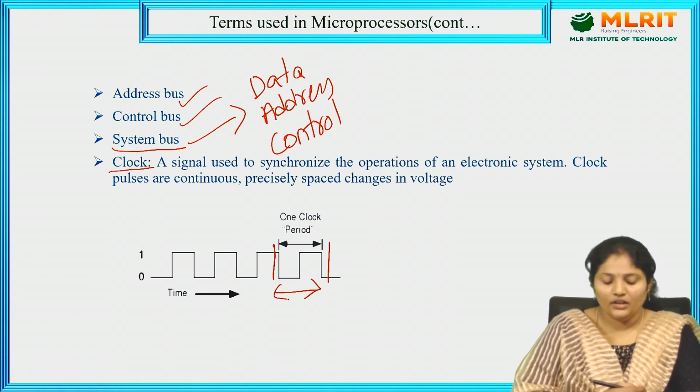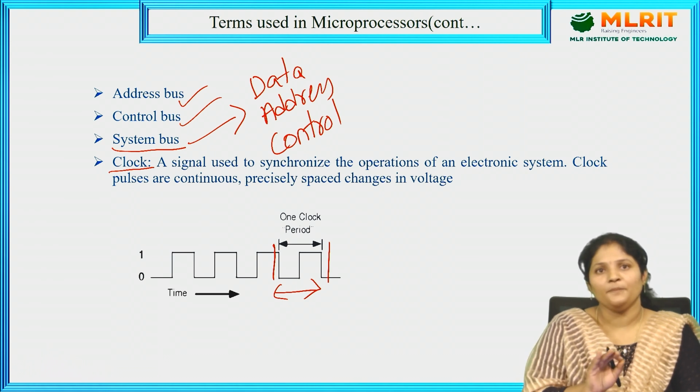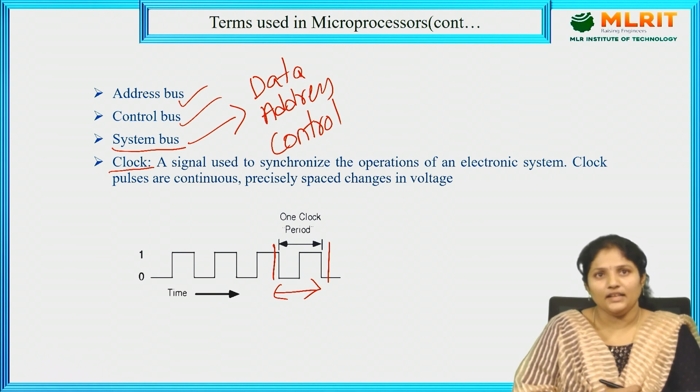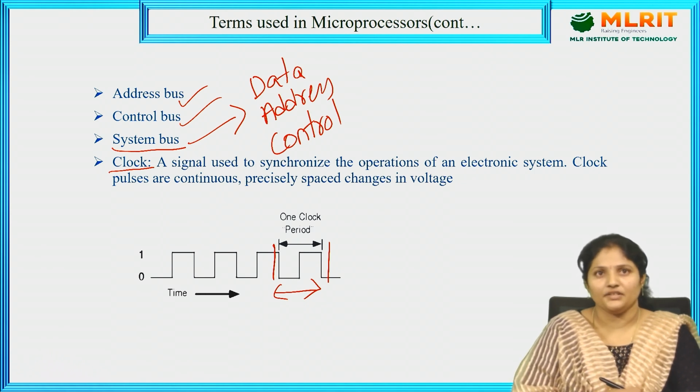So you can say that if a clock is a heart in a human system, then the heartbeats which the heart generates would be the clock pulses which synchronize all parts of the body, right? Like that, the clock is a signal that synchronizes the total blocks present in that particular system.